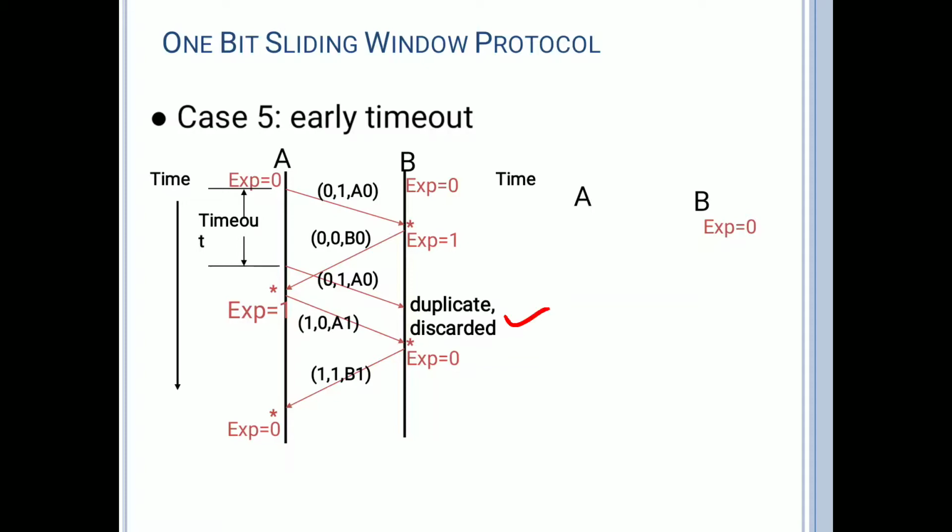Once it receives the next frame, it understands that the first frame's acknowledgement was delayed, that's why the first frame was duplicated and the second frame was also sent. So it will send the next acknowledgement to A. So here is the fifth case, called early timeout.